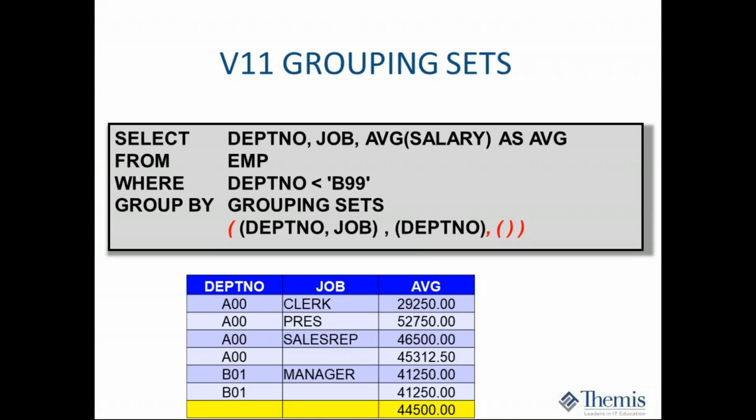Grouping sets. This is another thing where we can automatically get subtotals and grand totals out in our query as we're grouping. As you see here in yellow, we're getting a grand total out. We get some averages after each department, as we're grouping by departments and jobs.